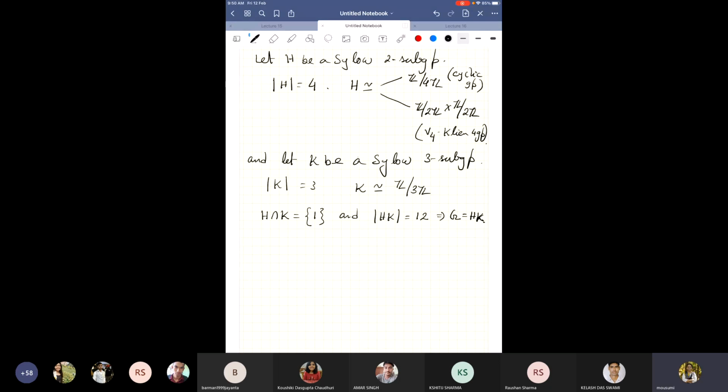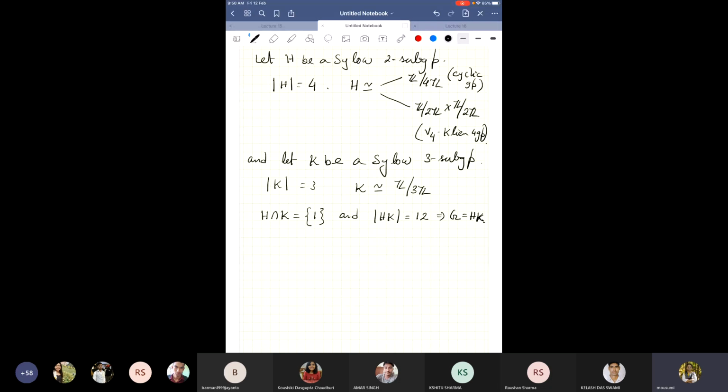Okay, fine. Now I am saying that there are two choices for the number of Sylow 3 subgroups and there are two choices for the number of Sylow 2 subgroups.